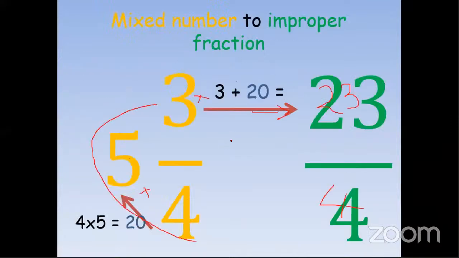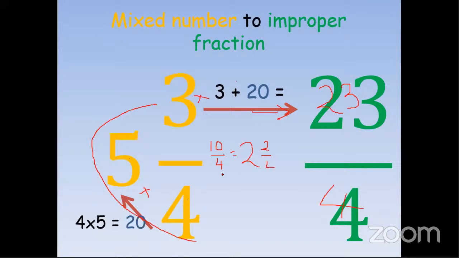Now, let me explain something here. Someone was asking, what happens when we simplify? Take an example of 10 out of 4. In mixed form, this is 2 whole numbers, 2 out of 4.